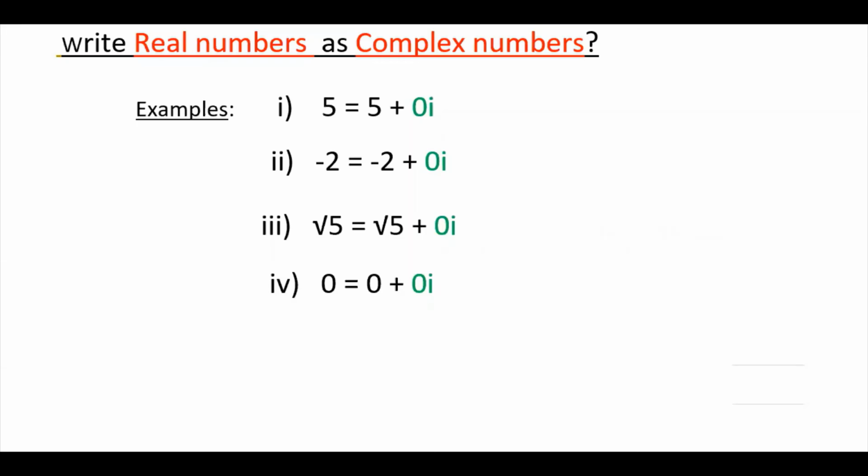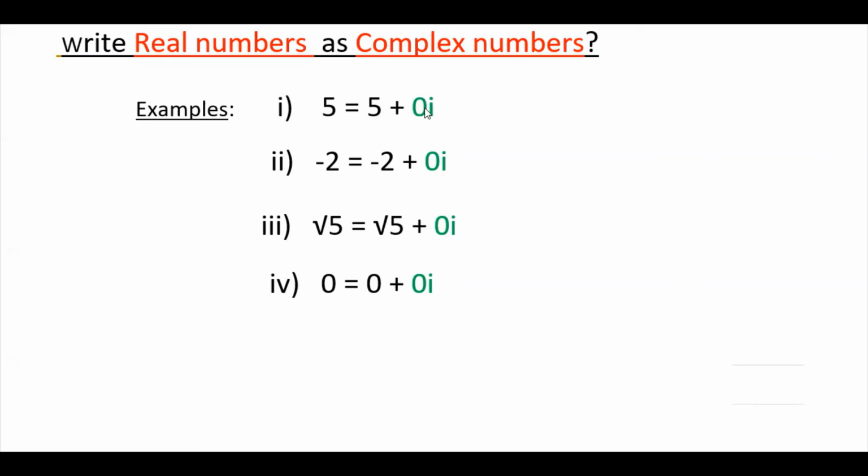Now, how to write real numbers as complex numbers? In the real numbers, there is no imaginary part. All these numbers, 5, minus 2 root 5, 0, 2 by 3 and minus root 2, are called real numbers. You can write a real number as a complex number by adding the imaginary part 0 into i.